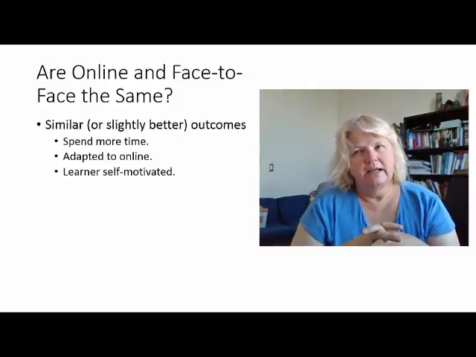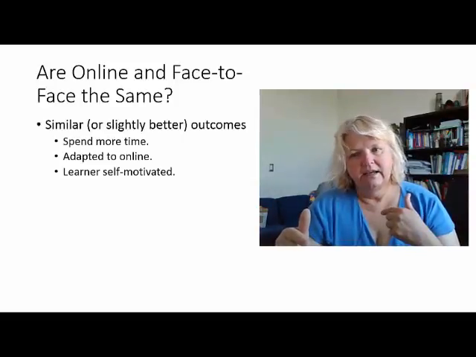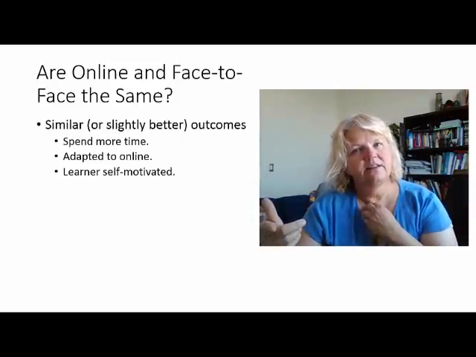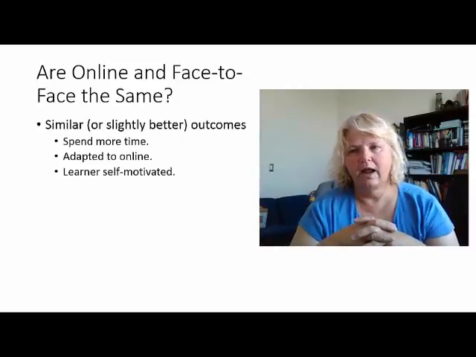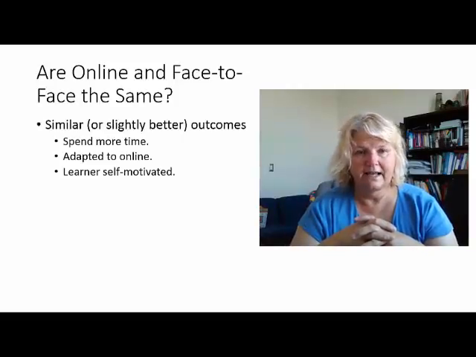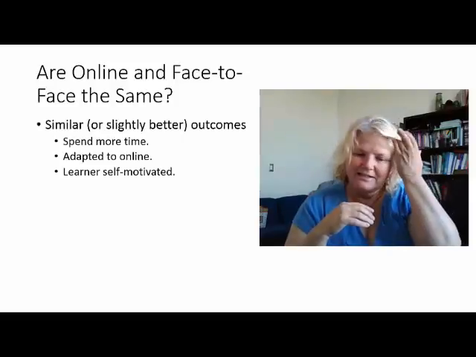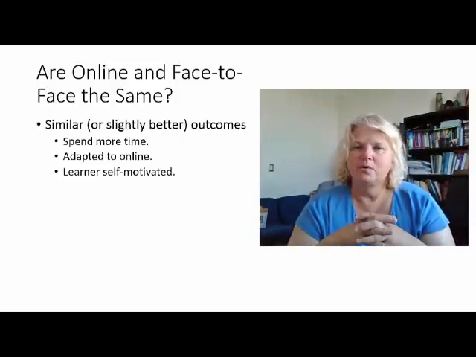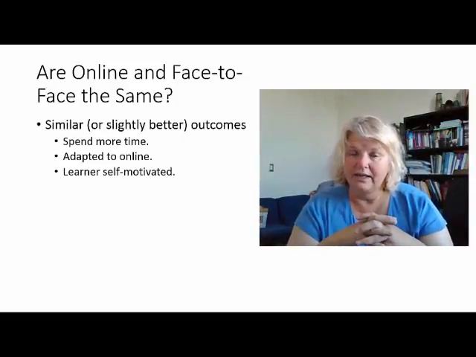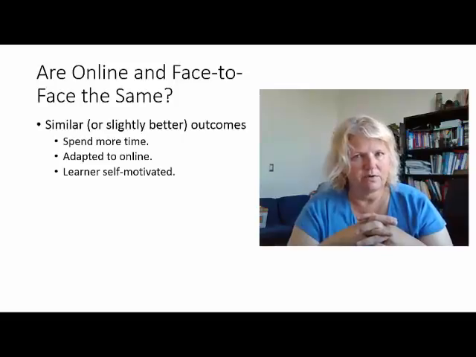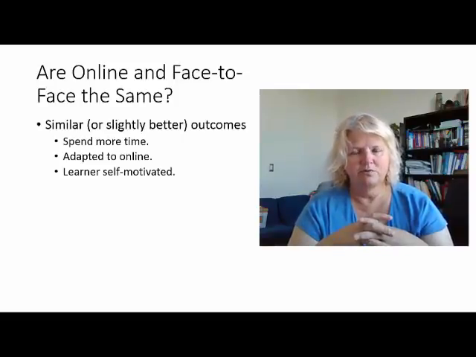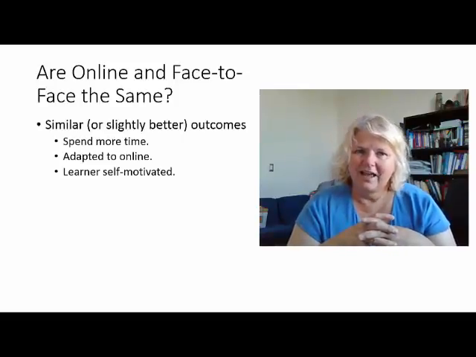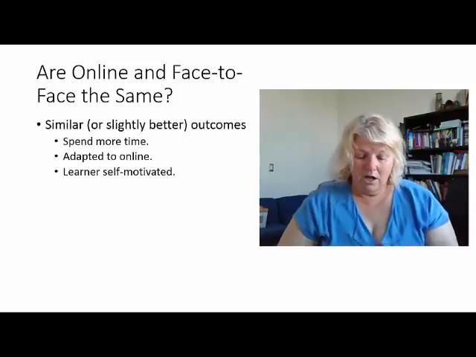The second one is when the course was adapted to meet the differences of online, then learners were able to do better, or at least the same. And the last one is that what we find is people who are willing to stick to online learners are a little bit more self-motivated. And anytime you have someone who's more self-motivated, you typically have good outcomes.